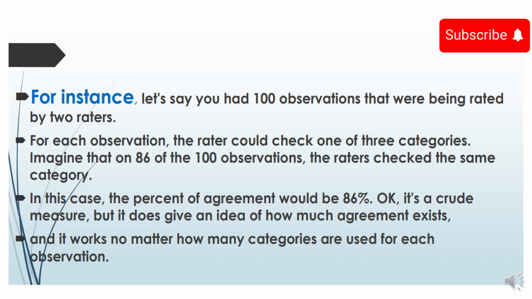Imagine that for 86 out of 100 observations, the raters checked the same category. In this case, the percent of agreement would be 86. It's a crude measure, but it does give an idea of how much agreement exists, and it works no matter how many categories are used for each observation.